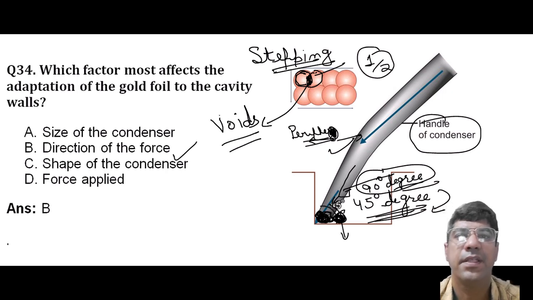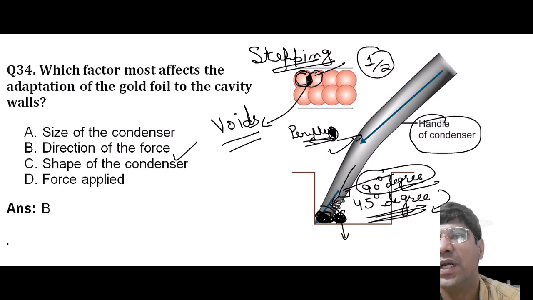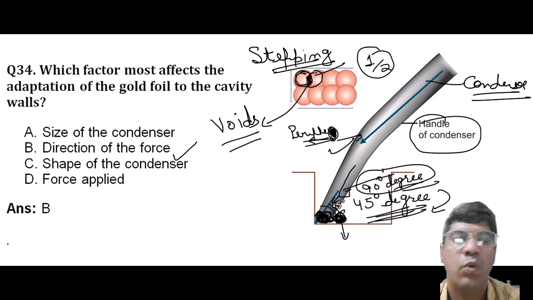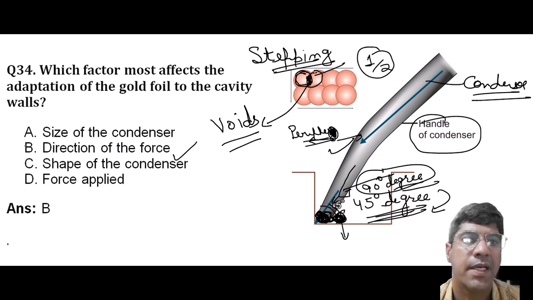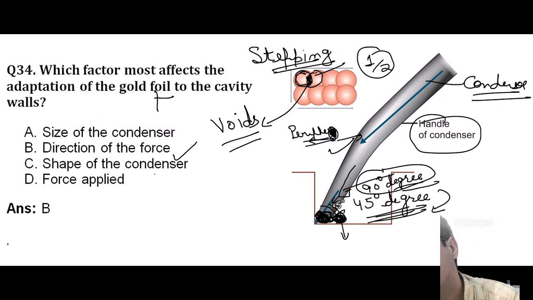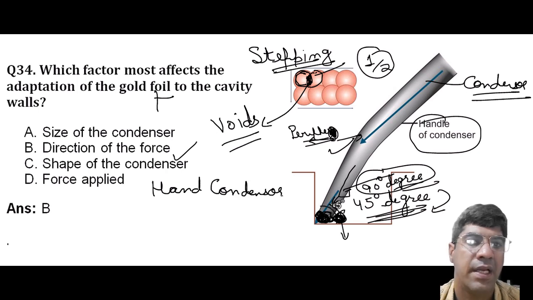Condensers are the instruments used to deliver the forces of compaction to the direct gold. This one is the condenser. There are two types of condenser that you have to remember: one is the hand condenser and the other is the electro condenser.